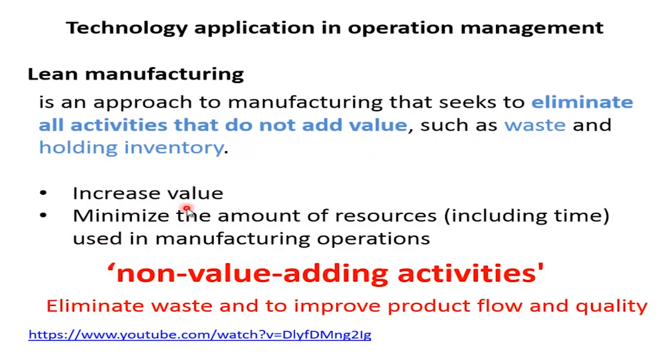Increase value, minimize the amount of resources including time used in manufacturing operations and non-value adding activities, eliminate waste and improve product flow and quality. I expect that you will refer to this video. I am not going to run this video. Inside that they have mentioned how in the operation platform they have aligned everything in a lean mechanism.